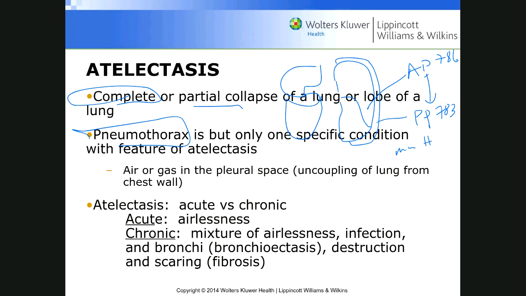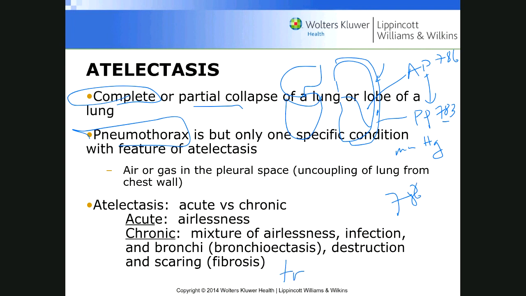All right. So there is a negative pressure in this pleural cavity. Now, if air comes in here, so if this right here is also 786 millimeters of mercury, then the transpulmonary pressure is 0.